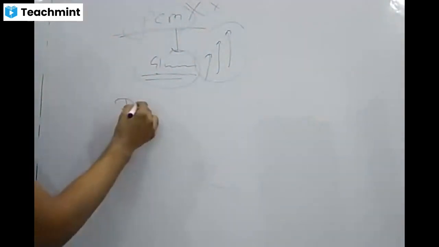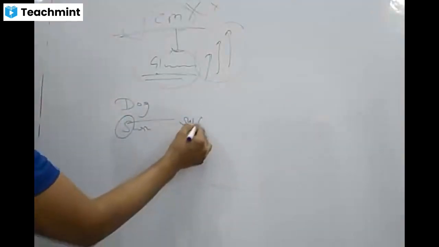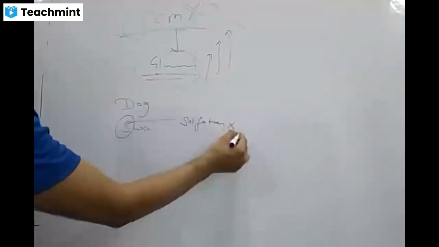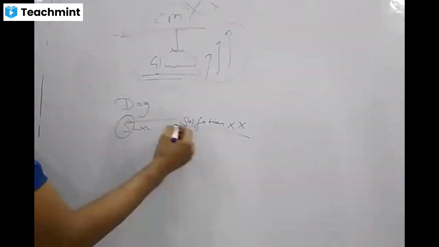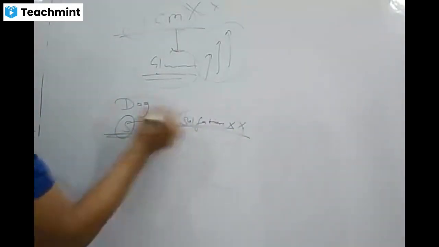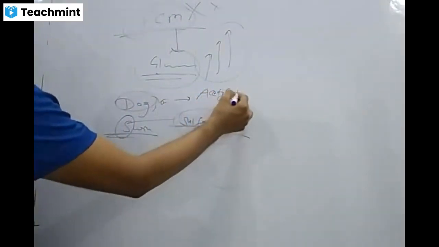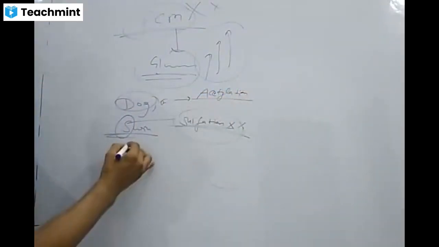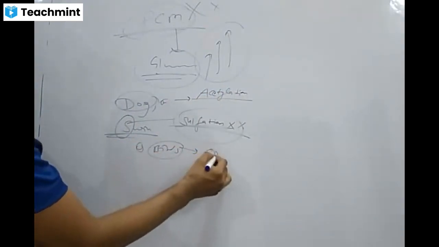In case of dog and swine, sulfation is absent, that is the sulfate transferase enzyme process. In case of dog and fox, what is absent? Acetylation is absent. In case of birds, what is present for conjugation? That is ornithine.